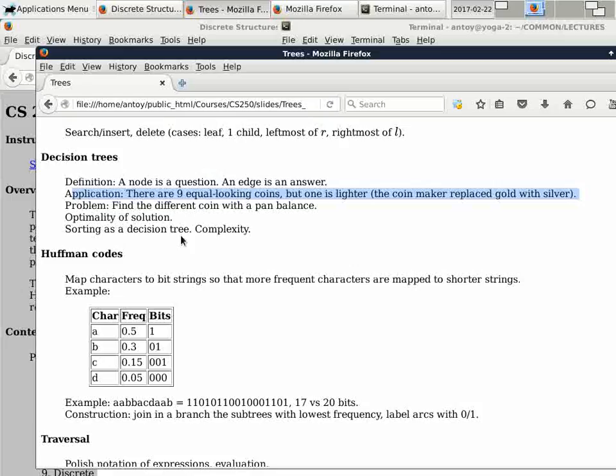Well, suppose that some letters are more frequent than others. All right? And so here I have an example. Suppose that A comes with a probability of 0.5, B with 0.3, C with 0.15, and D with 0.05. If you are curious, if you add all these probabilities, you will get 1.